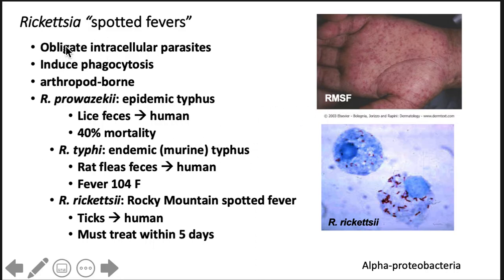Okay, so all of the Rickettsia are also intracellular parasites. Interestingly enough, the 3 examples that I have selected to represent the Alphaproteobacteria have been intracellular parasites. I don't want you to think that all Alphaproteobacteria are intracellular.